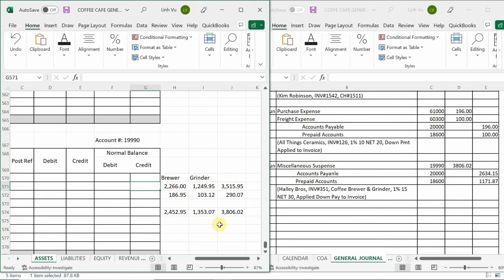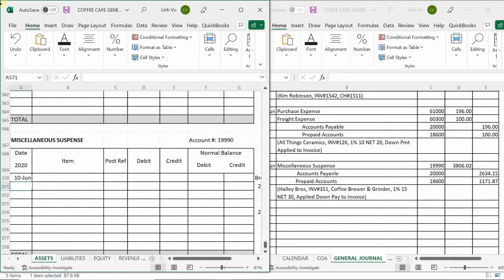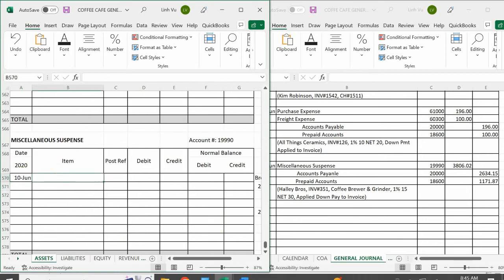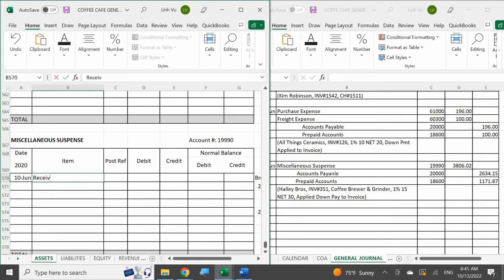So here, received coffee brewer for $2,452.95 plus coffee grinder for $1,353.07.